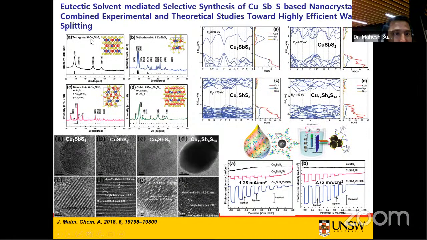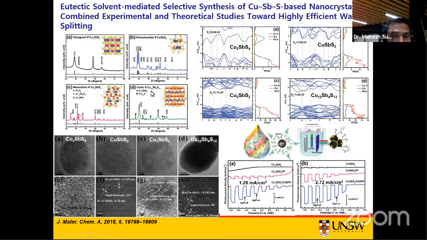We synthesized four different phases of these copper antimony sulfide nanocrystals, such as Cu3SbS4, CuSbS2, Cu3SbS3, and Cu12Sb4S13, with nanocrystal sizes of about 7 nanometer, 11 nanometer, 25 nanometer, and 60 nanometers. The synthesis of these latter two phases, Cu3SbS3 and Cu12Sb4S13, was found to be very critical, and they always showed secondary phases associated with binary antimony sulfide and ternary Cu12Sb4S13, as well as Cu3SbS4.